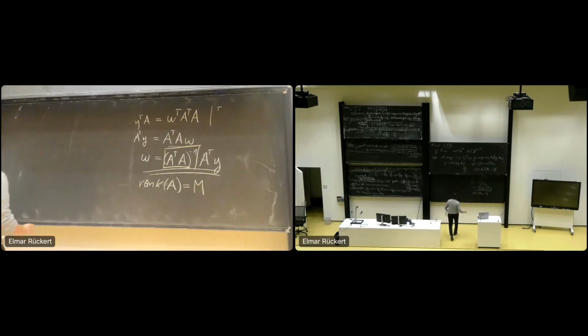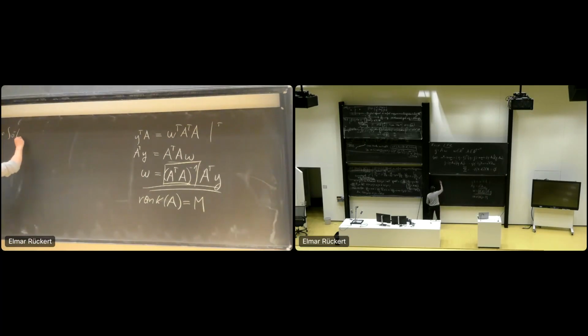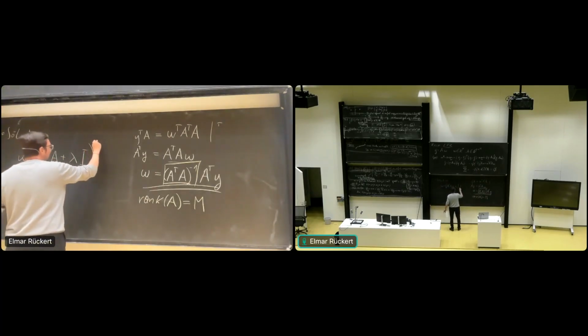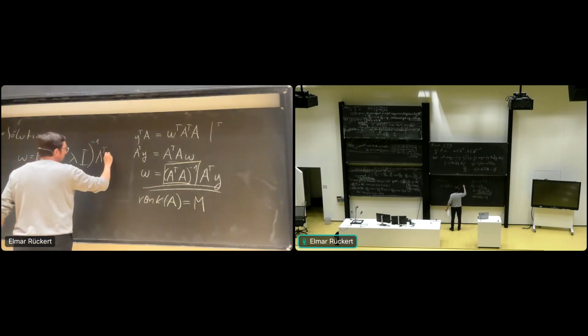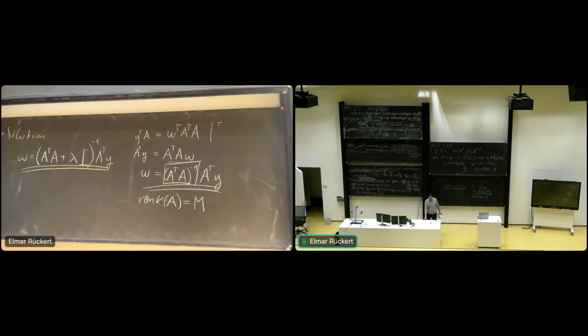Now, if we can't do that, I define the solution here. We can add a regularization term with lambda times the identity matrix before A transpose Y. And this solution is now called regularized least squares.